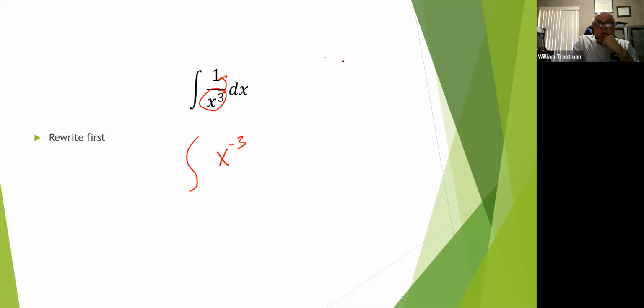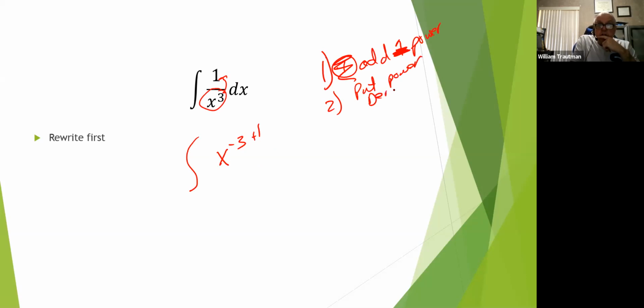So step one is add 1 to the power. Add the number 1 to the power. I'm going to add 1. Step 2, put a copy of the power in the denominator.